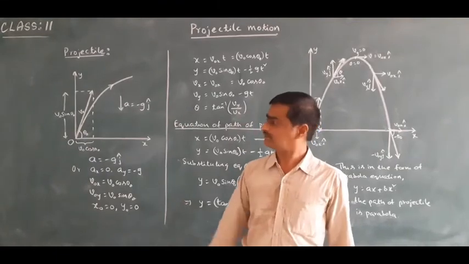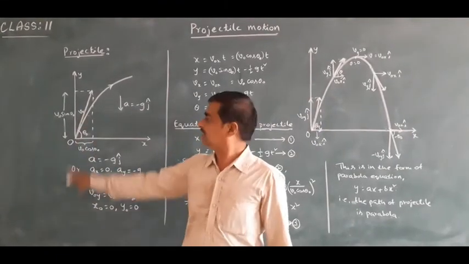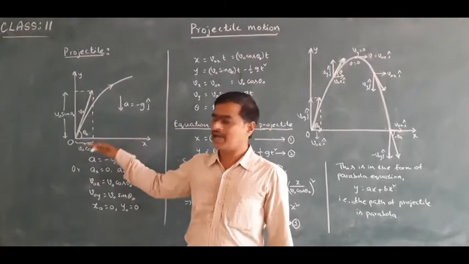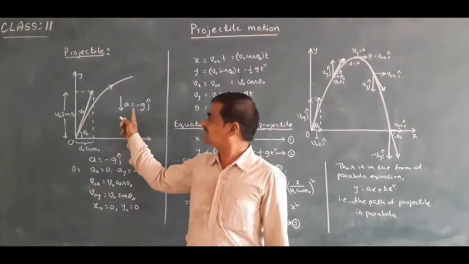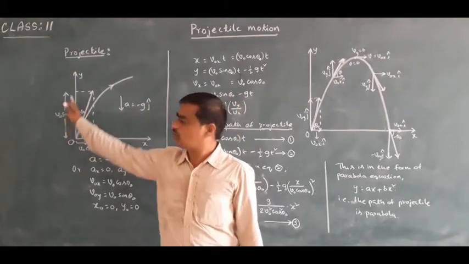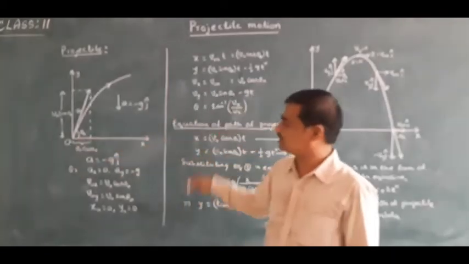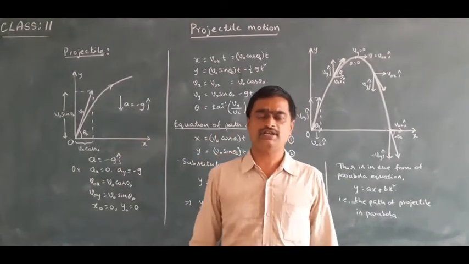Then if we take these two components, on the horizontal component there is no action of the acceleration due to gravity. The acceleration due to gravity shows its effect only on the vertical component. That is, throughout the motion of the projectile, the horizontal component is not disturbed.